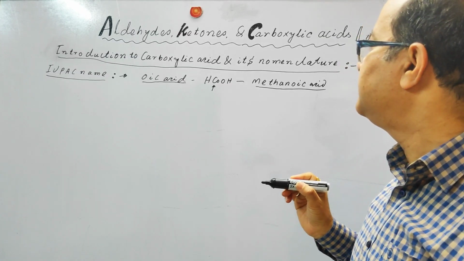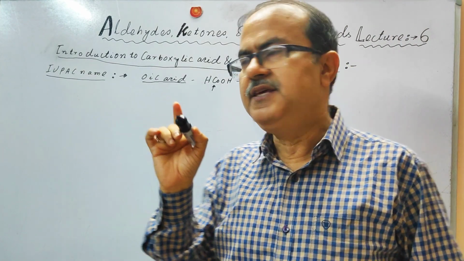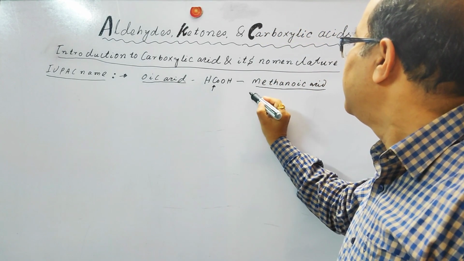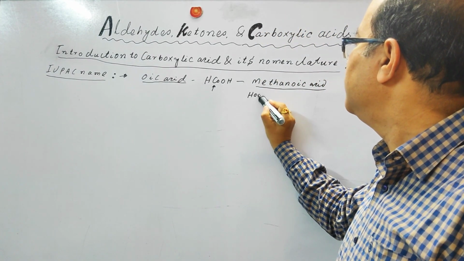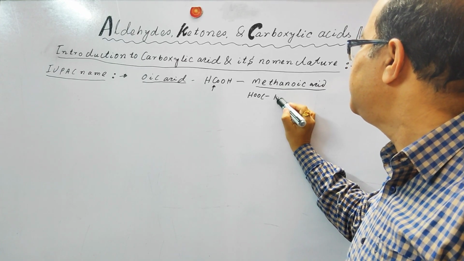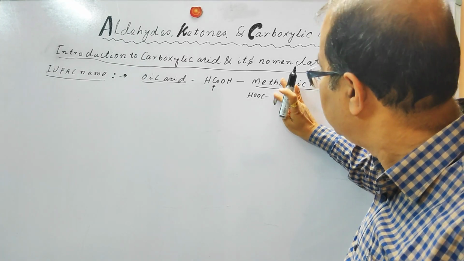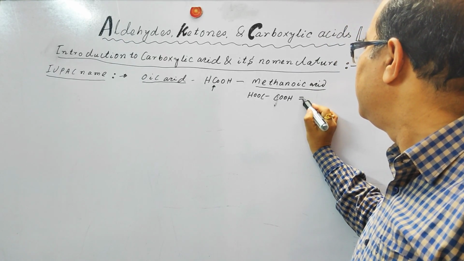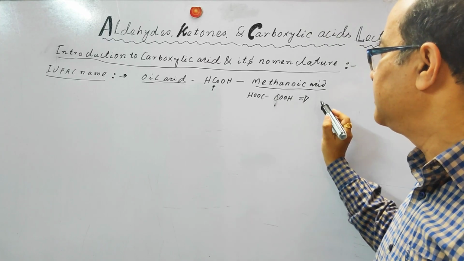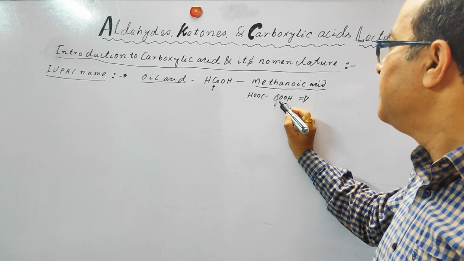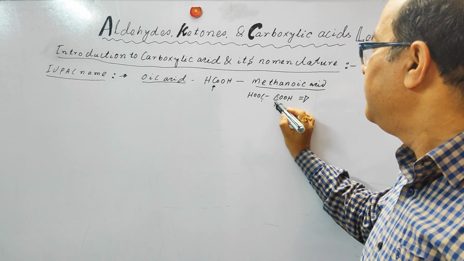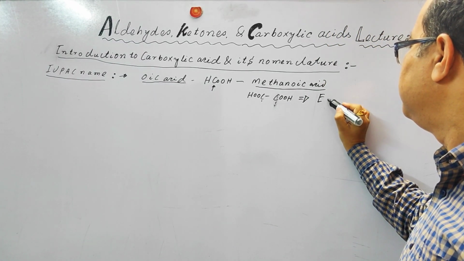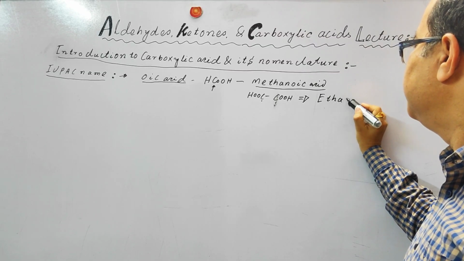And if there are two carboxylic groups, suppose this is the organic compound, this is the carboxylic acid. What will the name be? There are 2 carbon atoms, naturally ethane.